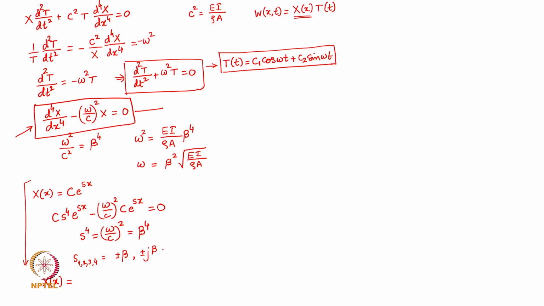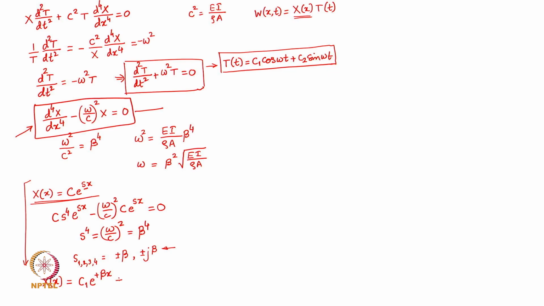Now, these being the possible roots, if I substitute back into this expression the general assumed solution, I can now write this with all the 4 constants. So, I can use the constants as C1 e to the power plus beta x. So this s is going to be replaced with all 4 possible roots, and so this one is the first term.